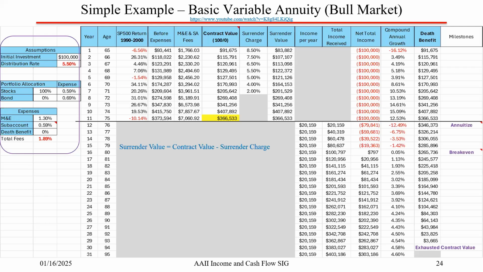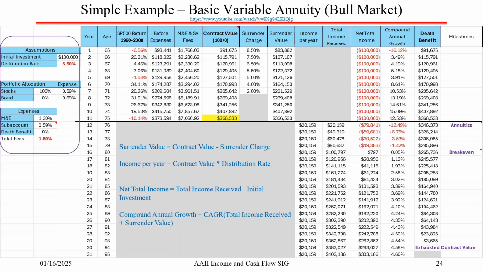So here is the formula. Income per year is contract value times distribution rate. Distribution rate is 5.5%. Net total income is the total income received minus the initial investment. And compound annual growth and death benefit.